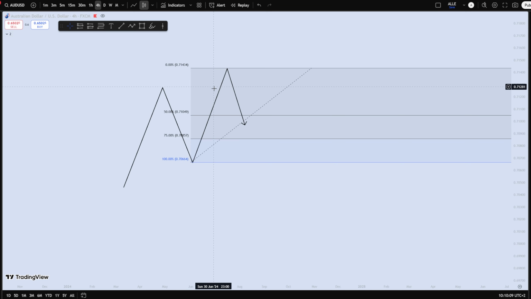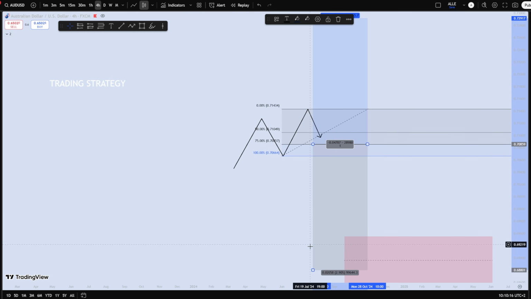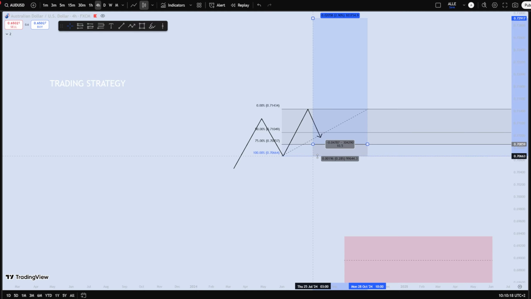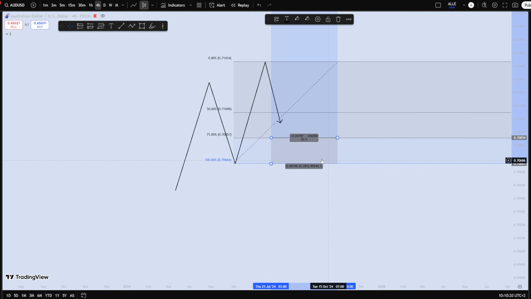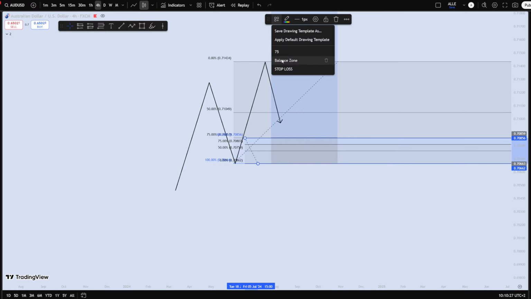For example, in this case, it will be a long position with a stop loss like this. I usually take into account a larger stop loss like this.